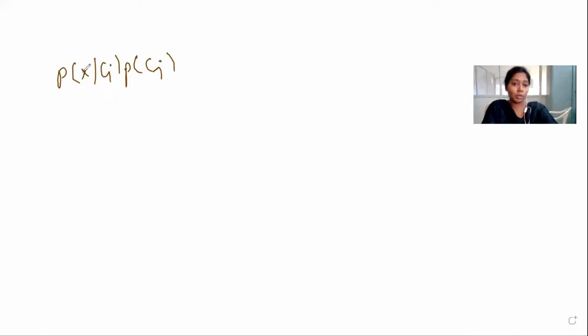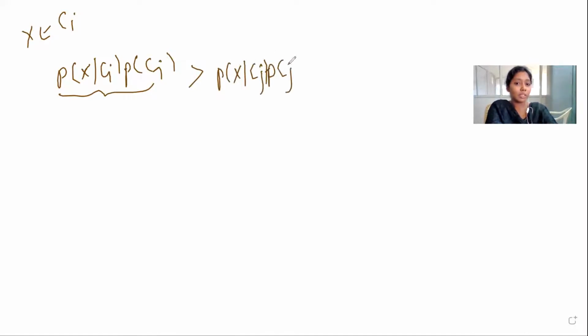So now I can say that the tuple X belongs to the class Ci if this particular value is greater than P of X by Cj, P of Cj, where j is between 1 and m, and j is not equal to i. That means the same formula we have by following the Bayes theorem, we have expanded like this.